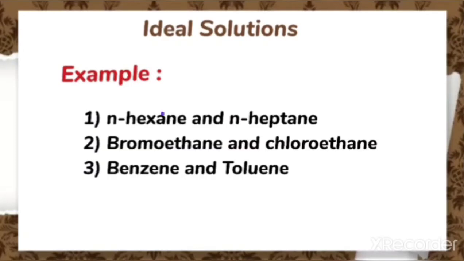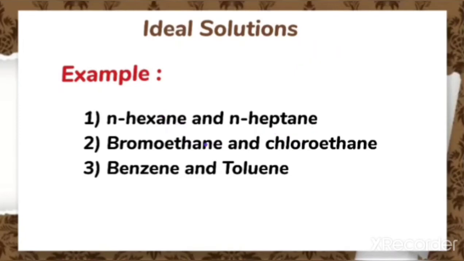For the ideal solution, we need to find out what the examples are. So let us see the examples: n-hexane and n-heptane. Both are hydrocarbons, so if one is the solute and the other is the solvent, the mixture of these two will behave like an ideal solution.